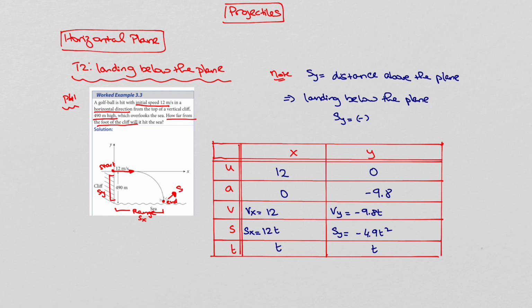So therefore Sy is going to equal minus 49, the height of the cliff, when it's landing. So we say on landing, Sy equals minus 49 metres because it lands below the plane.